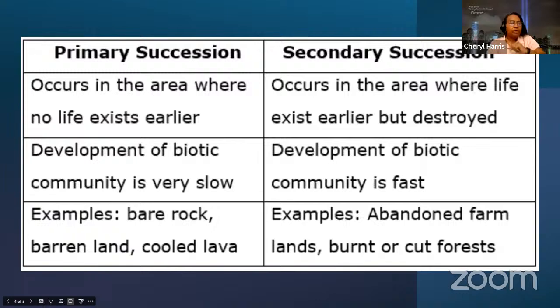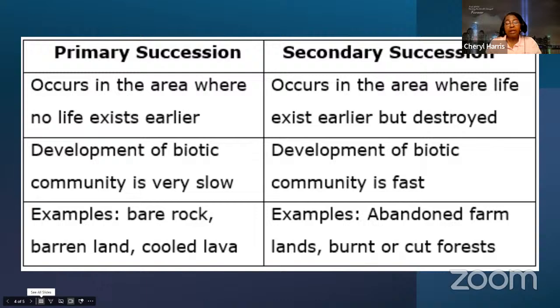All right, so again, we're comparing. This is just a comparison list, and you need to be able to compare them. Primary succession occurs in an area where there was no life earlier, whereas secondary succession occurs where there was life earlier, but the area was destroyed. In primary succession, the development of biotic factors, meaning the living things, is very slow.